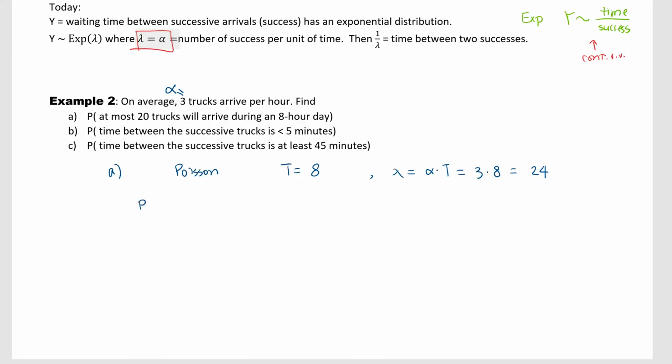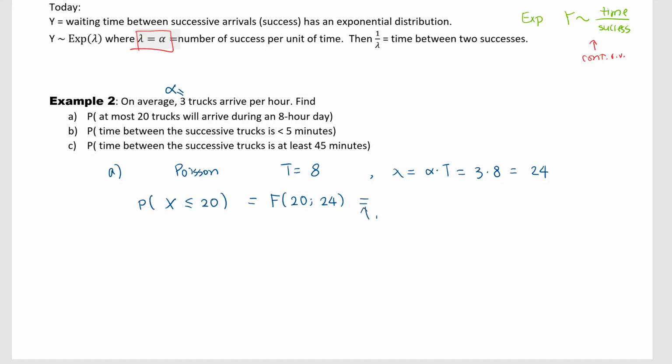We are looking for at most 20 trucks, so less than or equal to 20 trucks. This is exactly the CDF, the CDF at 20 with lambda equal to 24. What is this number?